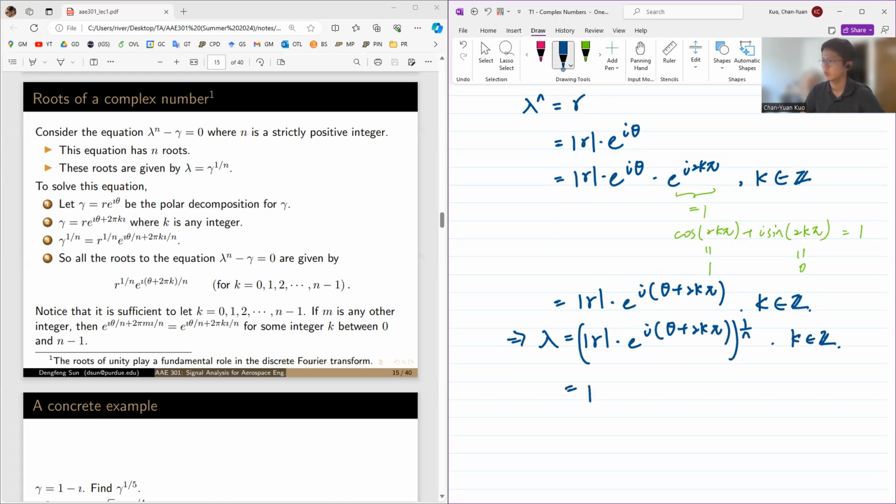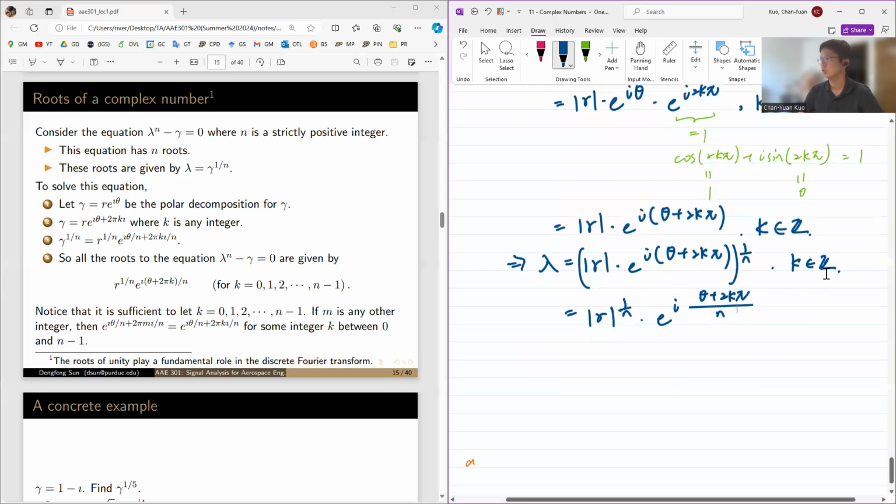In the end, we will get something times e to the i theta plus 2k pi over n. Now to obtain all the roots for this polynomial equation, we can simply let k be 0, 1, 2, all the way to n minus 1.